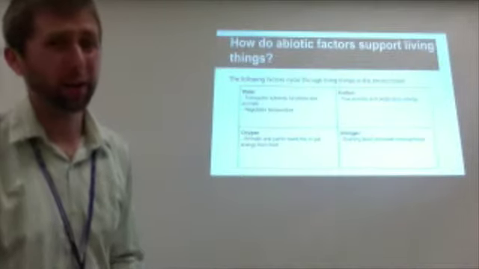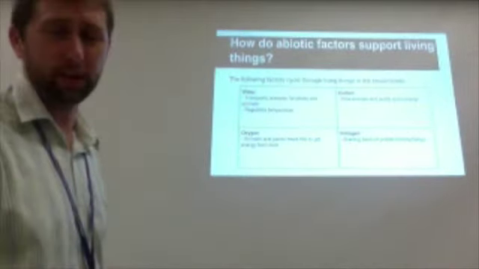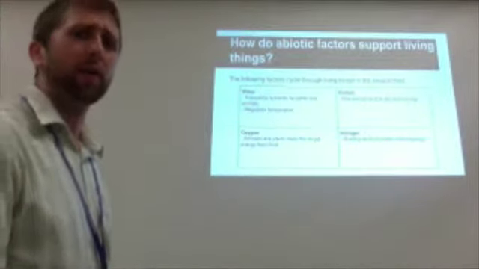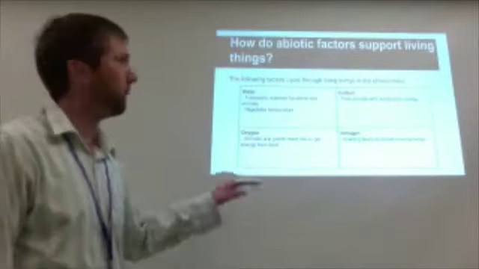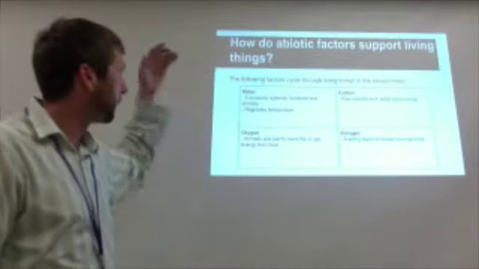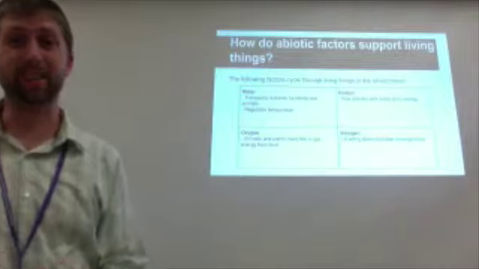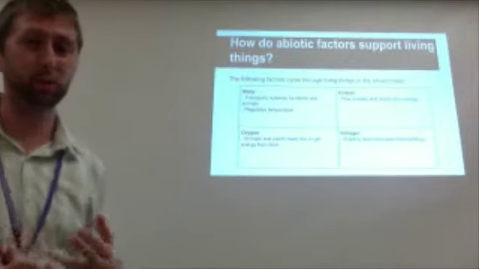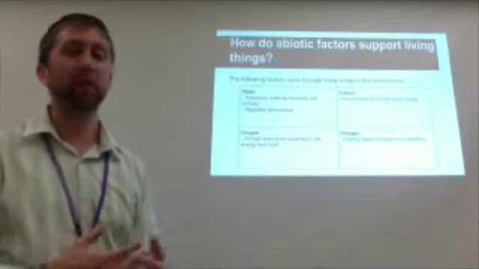So how do they affect living things? You're going to have to follow along on your own PowerPoint, probably because of the font on here. But walking through these different things, we have water. Water is very important. It's a non-living thing, but it's key to life because it transports nutrients in animals and plants. We couldn't have life without it.